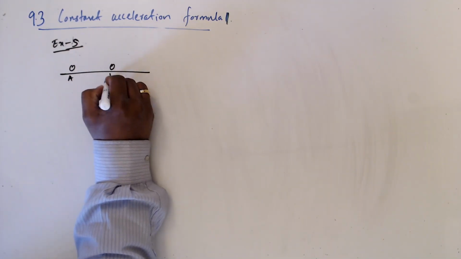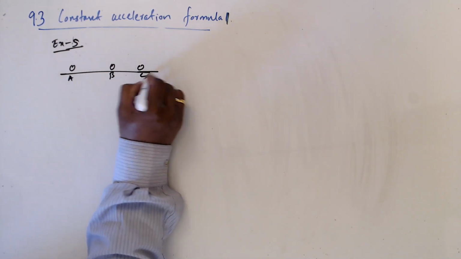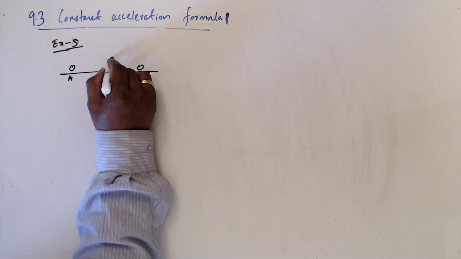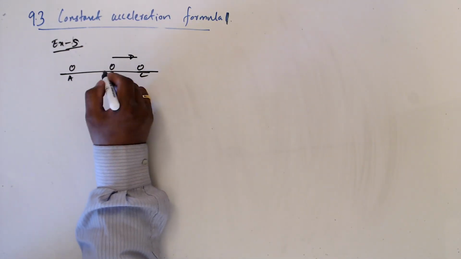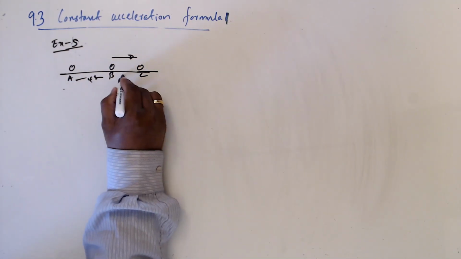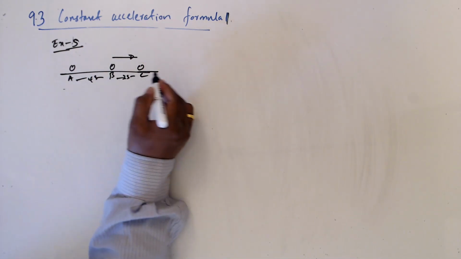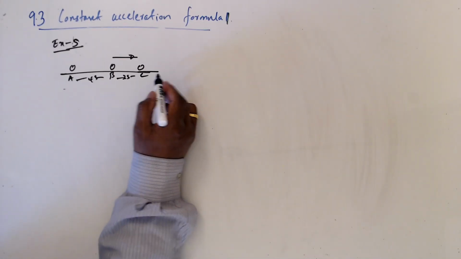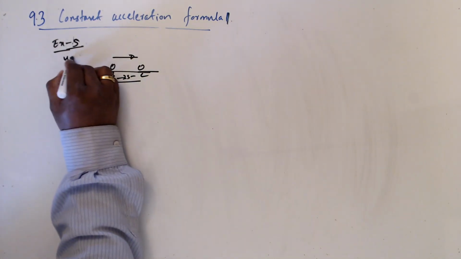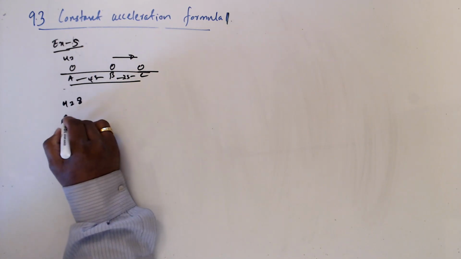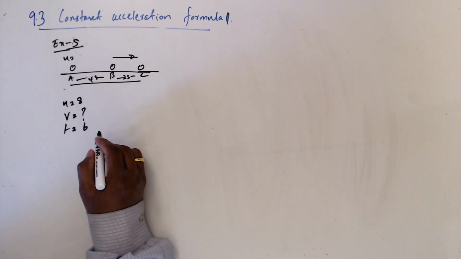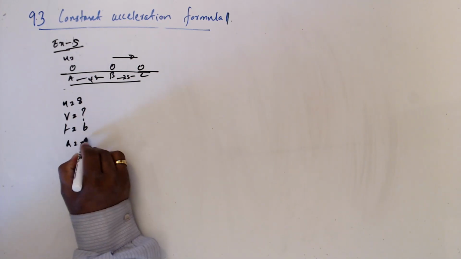Now the second part, with A, B and C. After B it continues to move. So this time is 4 seconds up to 6, which is 2 more seconds. So from the start, U equals 8, T equals 6, and A is still minus 1.5.